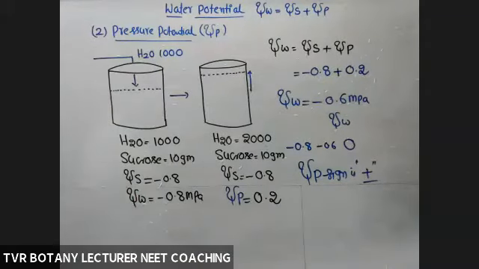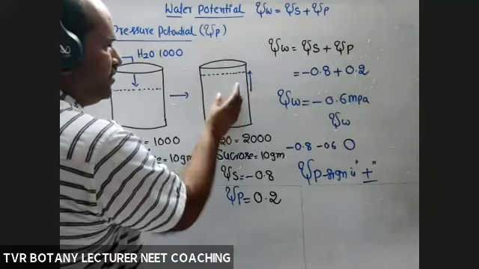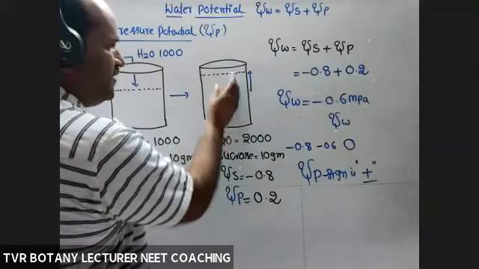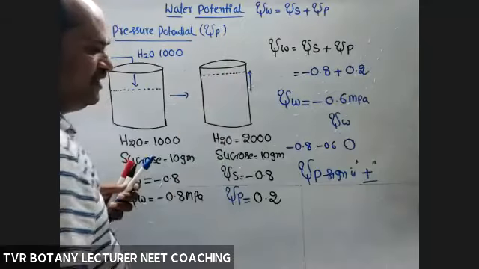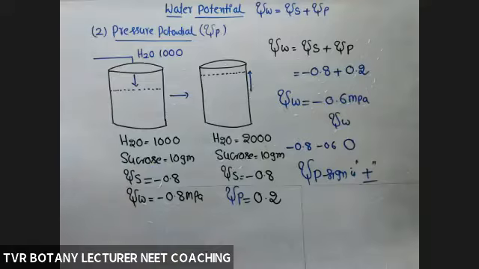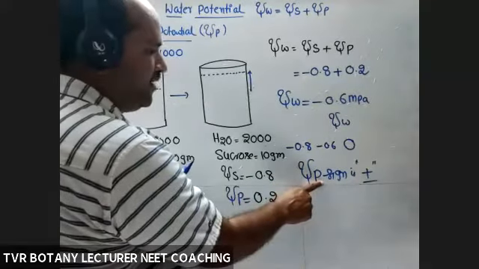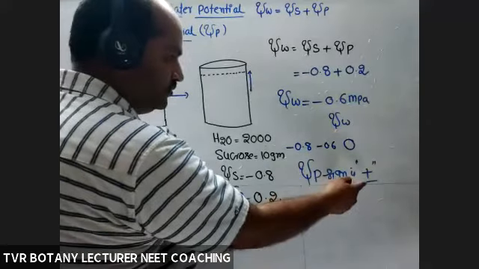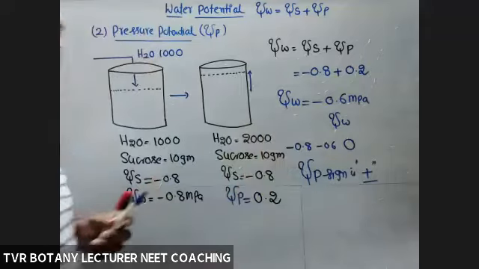If it is a positive hydrostatic pressure, it means the number of water molecules is increasing. What about the height of the column? Increasing. What about the pressure? Increasing. So if positive pressure is increasing, what about the psi W negative value? Declines. If psi W negative value declines, its value increases, right? So usually psi P is able to make water potential positive. That's why the sign of that one is positive.